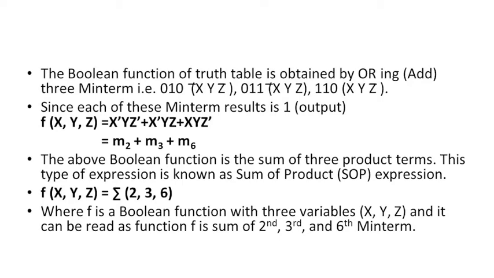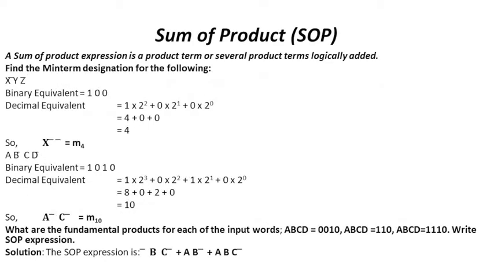F of x comma y comma z is equal to the sum of 2 comma 3 comma 6, where f is a Boolean function with three variables x comma y comma z, and it can be read as function f is the sum of the second, third and sixth minterms. Sum of product: a sum of product expression is a product term or several product terms logically added.